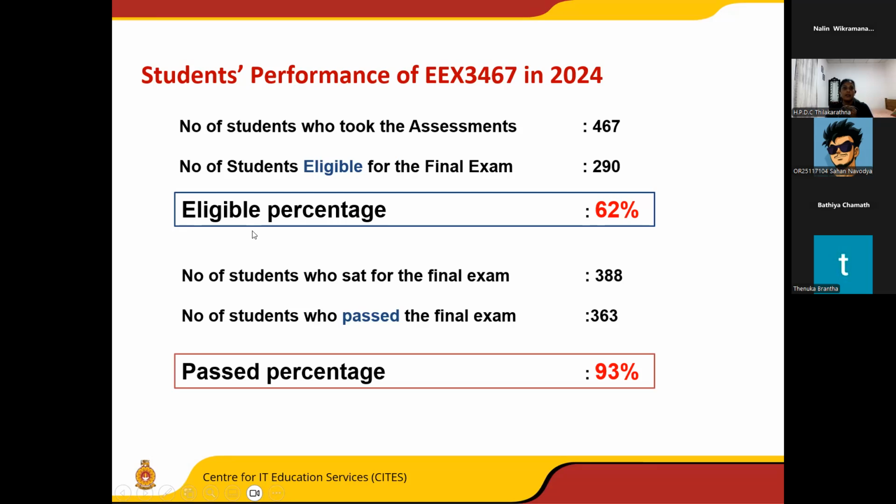So the eligible percentage is 62 out of 467. The eligible percentage is 62 percent. And of those who were eligible, only 93 percent passed, right? So this is how your seniors performed. So you have to perform well, I think.